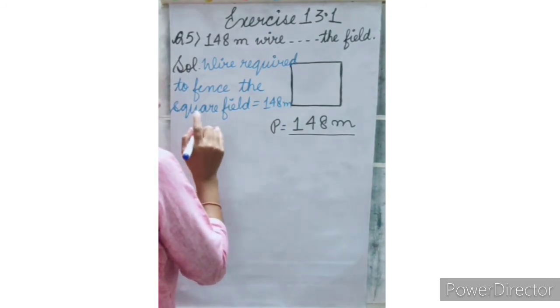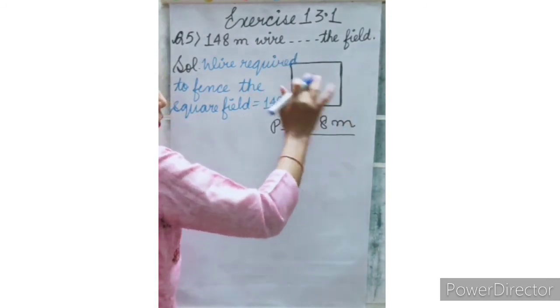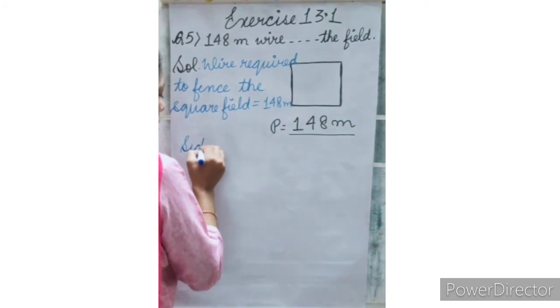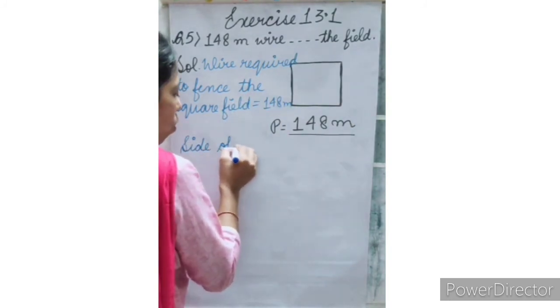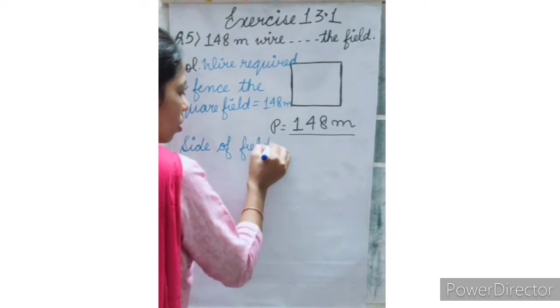So as it is perimeter of the square field, we have to find out the side of field.